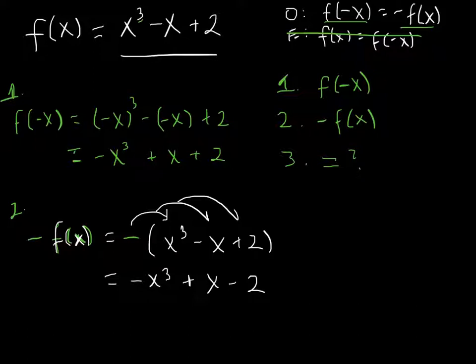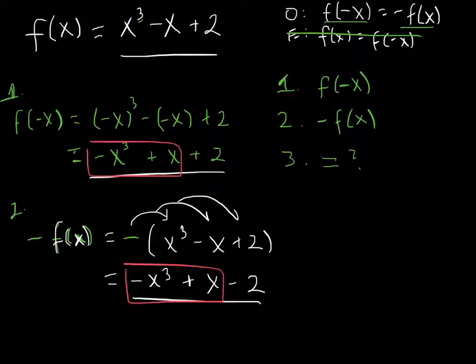And now step 3 is to decide, are these two things equal? Well, let's look at what we simplified them to. The first two terms are the same, negative x cubed plus x, but one of them is adding 2 and one is subtracting 2. So they cannot be equal because something plus 2 can't be the same as that something minus 2.